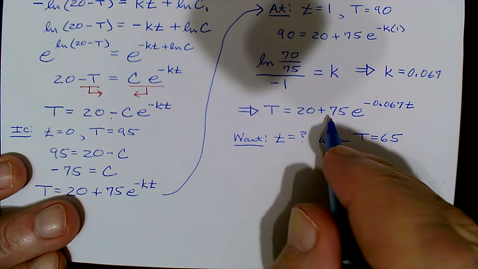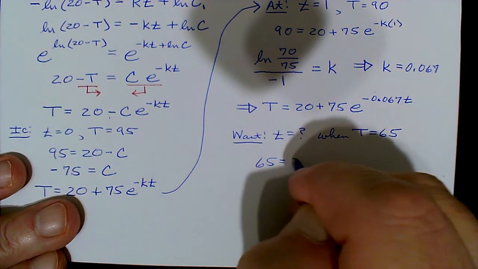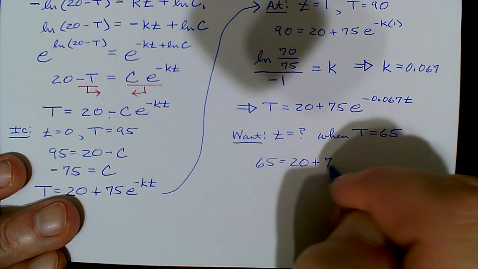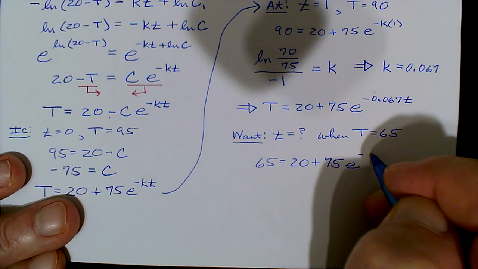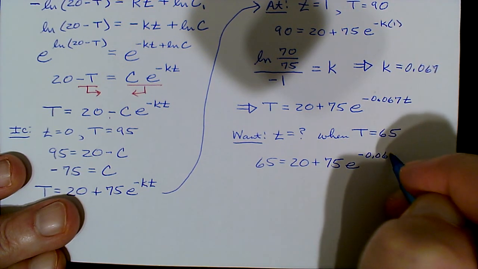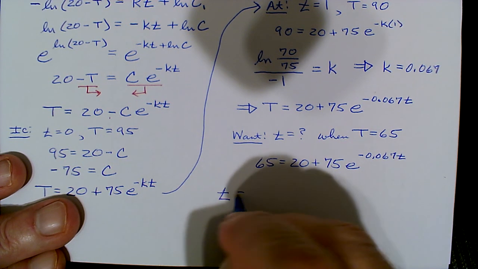So in our general equation, 65 equals 20 plus 75 e to the negative 0.067 t.